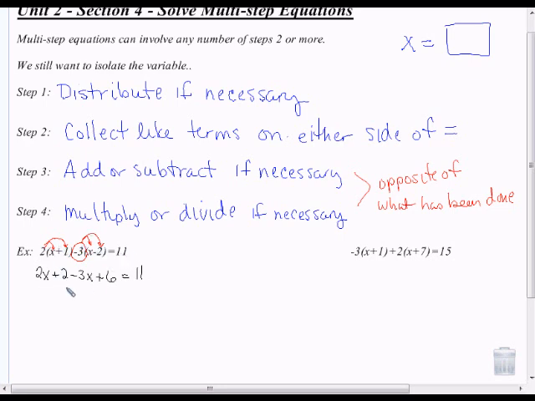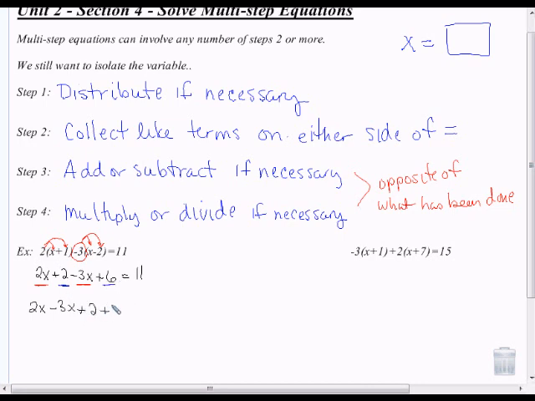Now I'm going to collect like terms. 2x and -3x are the same. Now this next step I'm writing in, remember you don't have to write this step if you don't want to, where you rearrange it. If you want to just collect them and do the addition in your head, that's fine. I'm just writing it down for people that need it. 2 and 6 are the same.